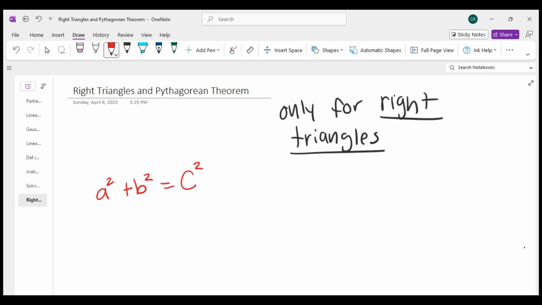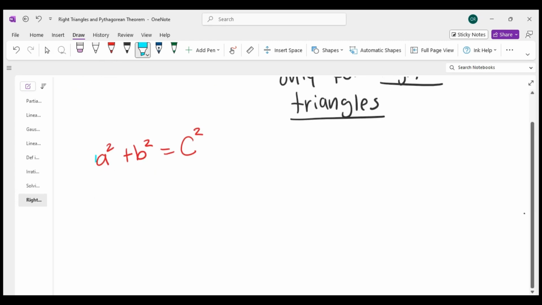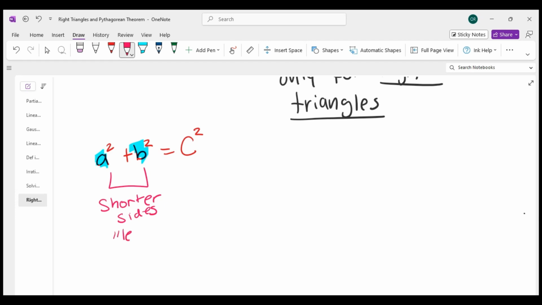And so you might be wondering, okay, what is a, what is b, what is c? Where do these come from? Our a and our b actually come from the shorter sides. So these are the shorter sides, and they're also known as the legs.